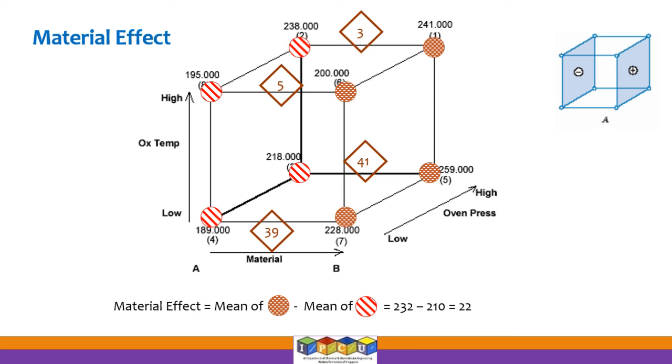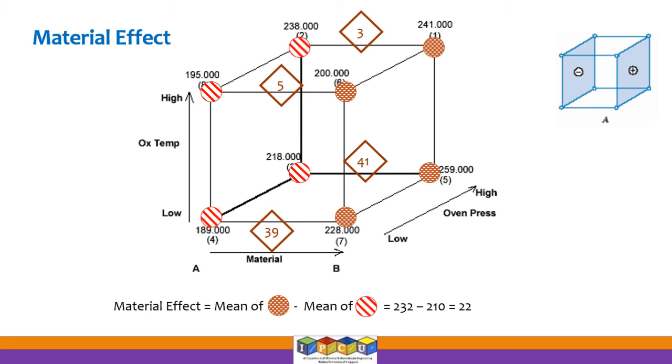If you want to do this effects calculation graphically, this is what you do. The material effect is going to be the mean of all readings shown by this brown shaded ball minus the average value of all the experimental runs indicated by this red colored ball.